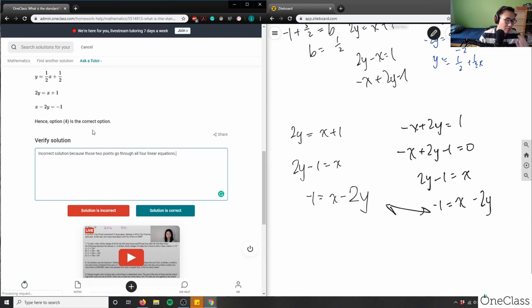All options have the equation y equals half x plus half, right? Therefore, both points would go through all of them. Therefore, all solutions are correct. So this is kind of a trick question because it says all solutions are correct, not just one, and we prove that using our algebra here.